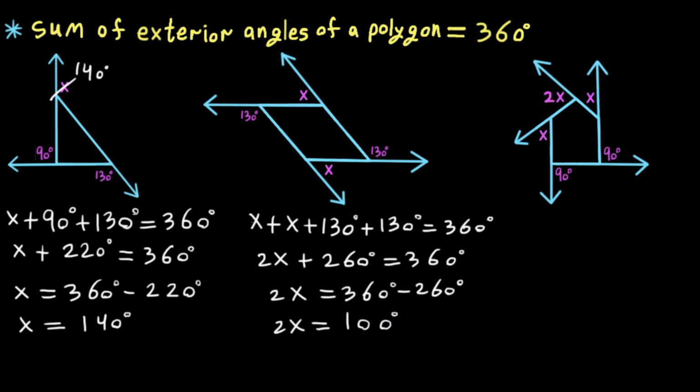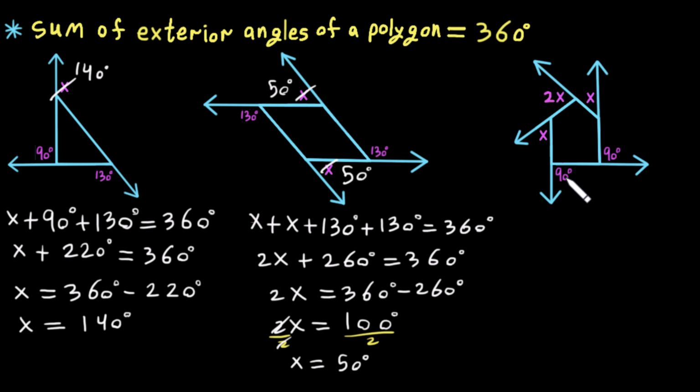Now I will divide by 2 to get rid of this one too. So x equals 100 divided by 2, which is 50 degrees. So we found this x, which is 50 degrees, and the same thing here, this angle is 50 degrees.